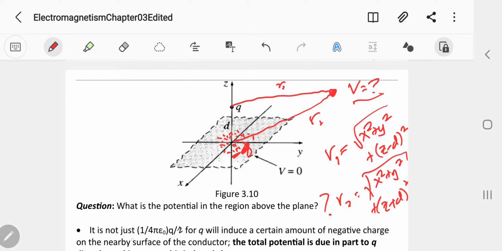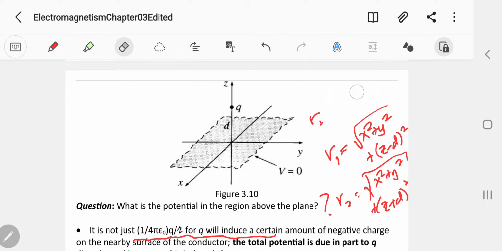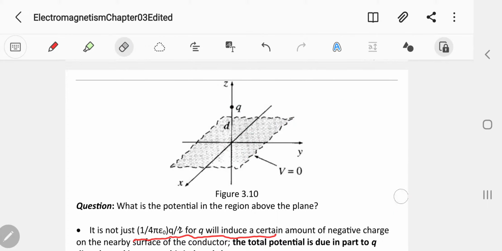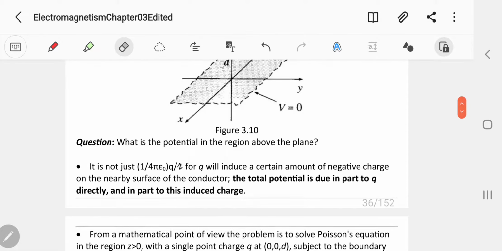It's not only this potential, but the potential would be caused by Q and the induced charge.